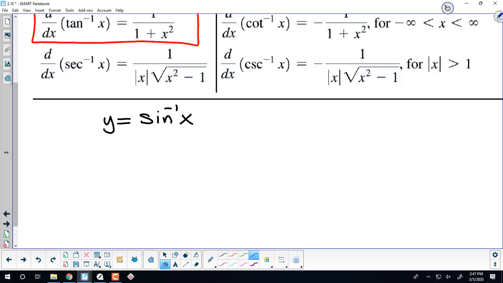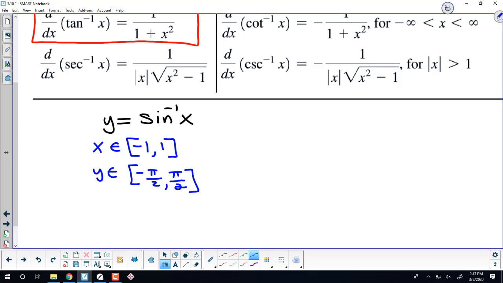We're going to remind ourselves that if we're talking about the function y equals the inverse sine of x, x is a member of the interval from -1 to 1, and y is a member of the range of the inverse sine, which was inclusive -pi/2 to pi/2. So we're going to keep that in mind. Specifically, this is where y is. That's the more important one, and we'll see why in a minute.